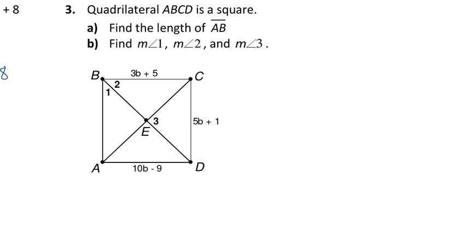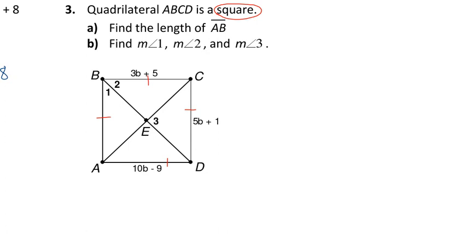So for part A, in order to find the measure of side AB, we can use an equation using any two of these 3 sides whose measurements are given to us, because we know that this figure is a square. And in a square, all the sides would be equal, because a square is also a rhombus, and in a rhombus, all the sides are equal.